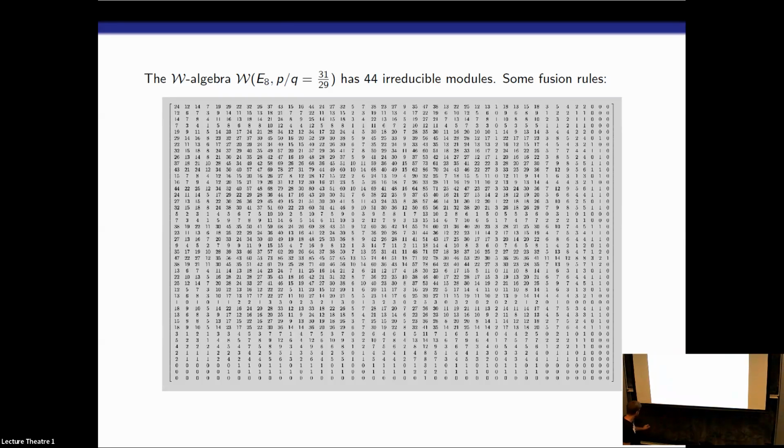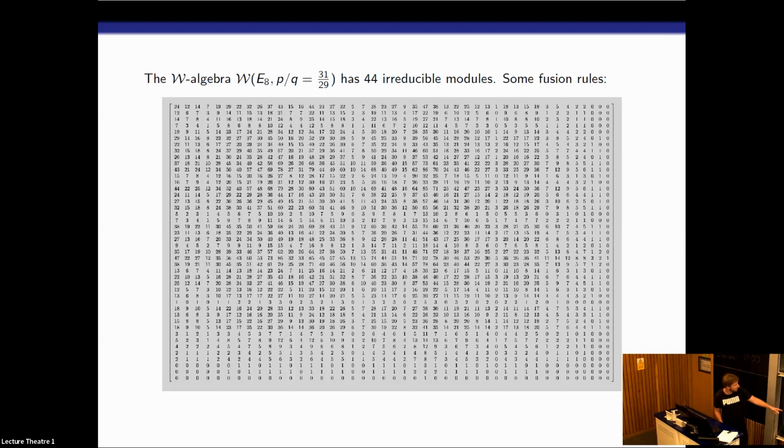Remember these fusion coefficients, and I'll write N_i to be N_{ijk}. This is a 44 by 44 matrix. I chose the most complicated module I could find and worked out this matrix for that module.